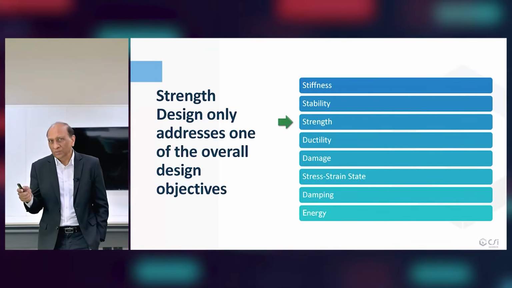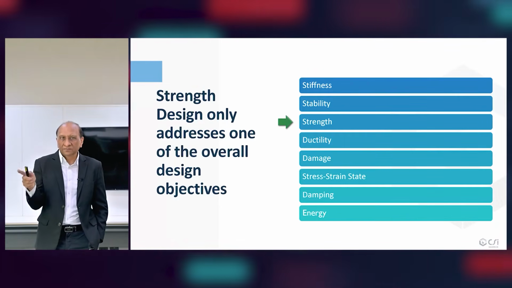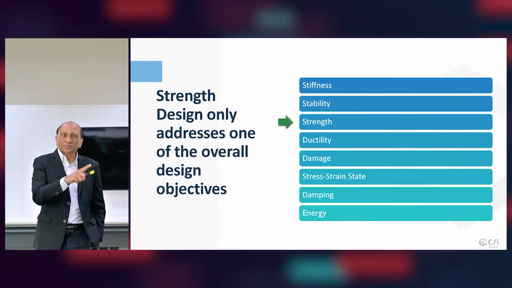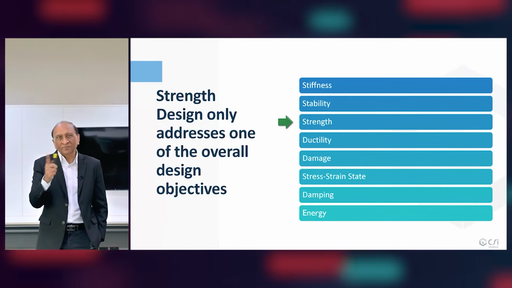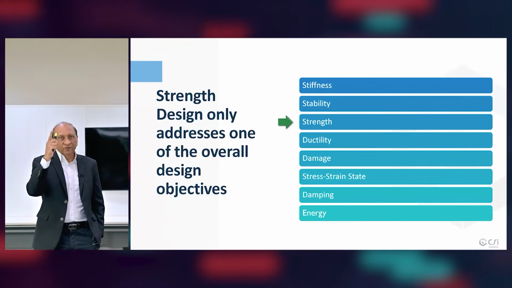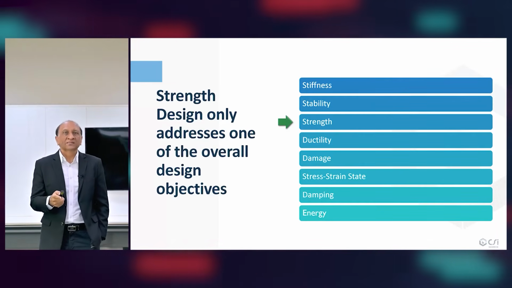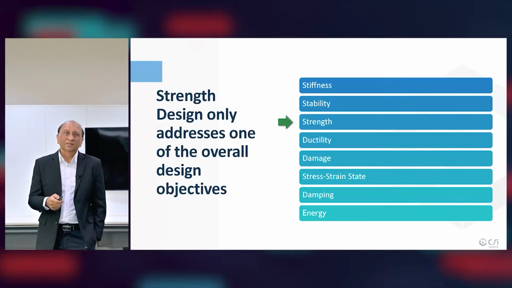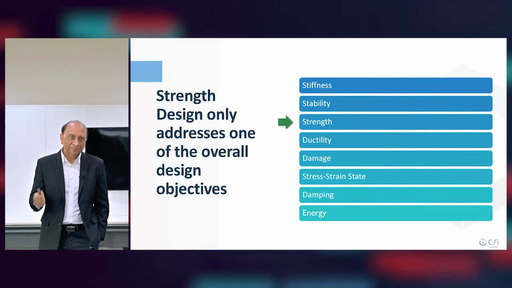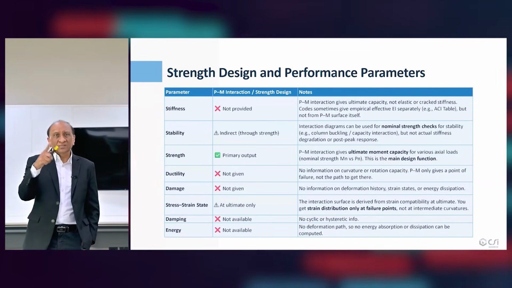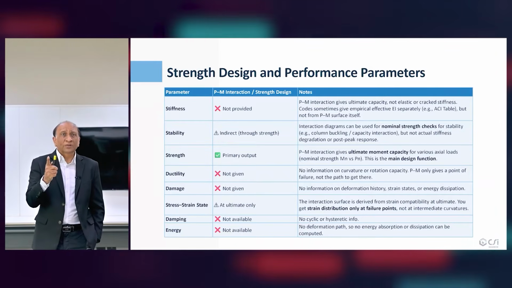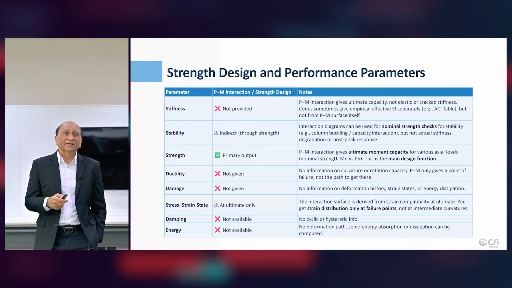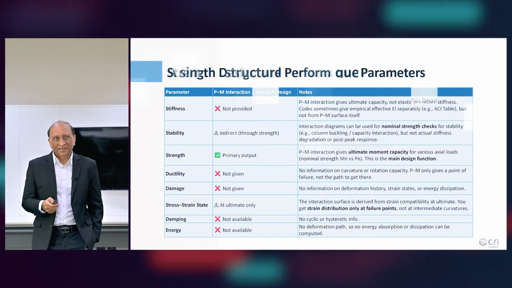And that too, not exactly. That is also quite arbitrary, because the load is not real, capacity is not real, so the comparison is not real. So if we want a reality check on these indicators, then strength equations will not be very relevant. Okay, so this is just a table showing that the strength equation does not help in determining most of these parameters directly.